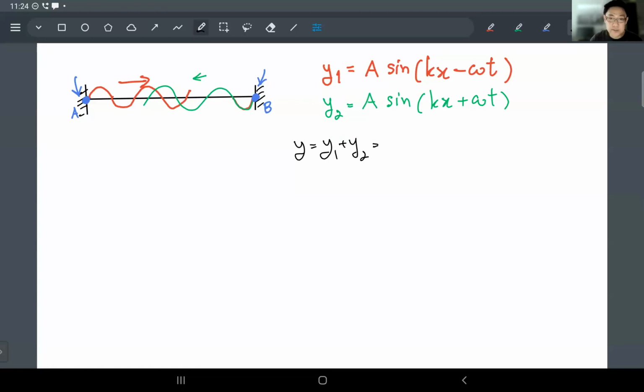All right, so we're going to have the same fun as before. Using the same identity that we saw before, sine A plus sine B is 2 sine of the sum over 2, times cosine of the difference over 2.